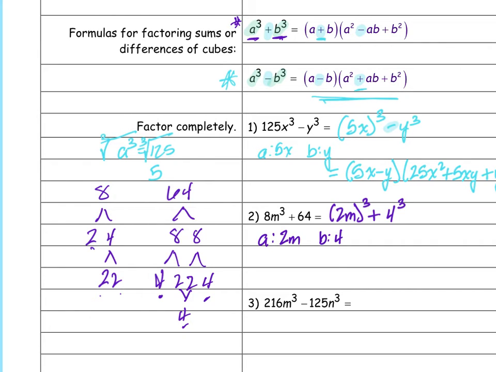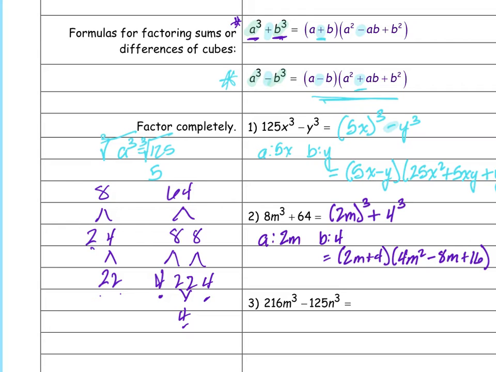So this is going to equal A plus B, so 2m plus 4, times A squared again, so 2m squared would be 4m squared, minus A times B, so 2m times 4 is 8m, and then plus B squared is 16.